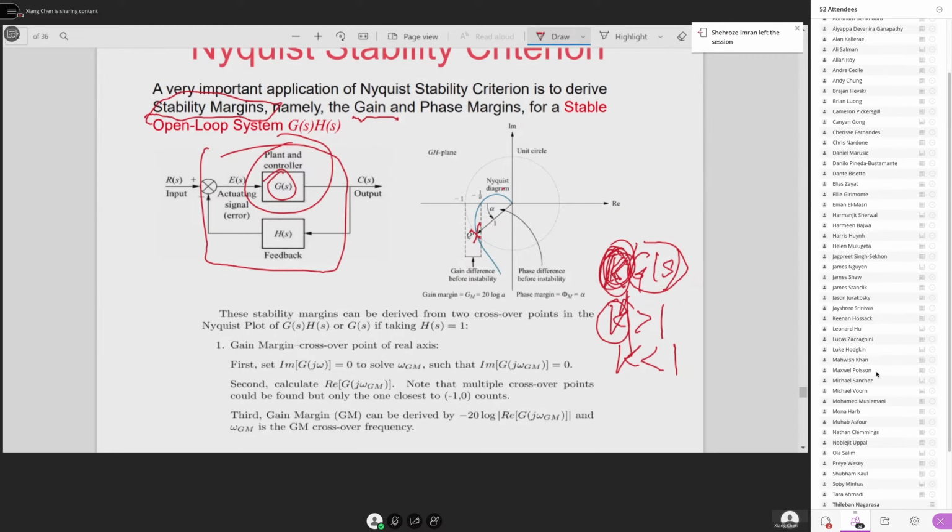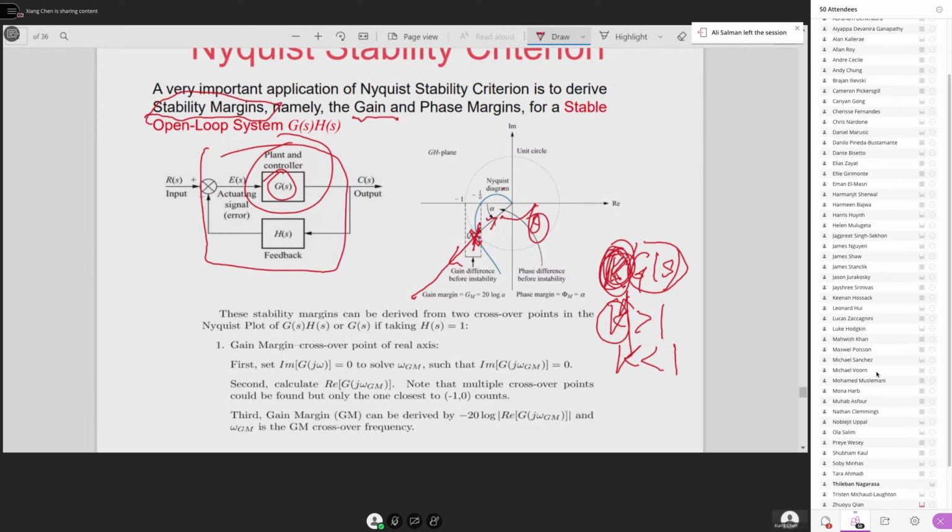Like what I said, K does not change the phase. So this crossover point's phase is this angle, let's say theta. You increase or decrease K, it does not change this phase. The only thing you change is magnitude. So you're going to see this point move along this line, either in this direction or this direction.